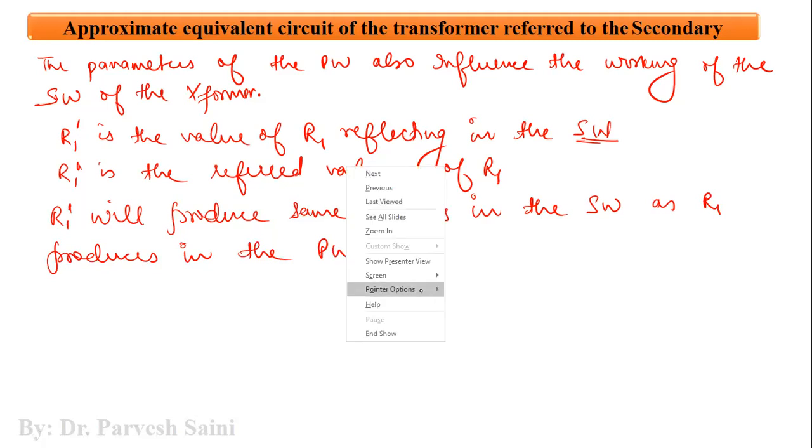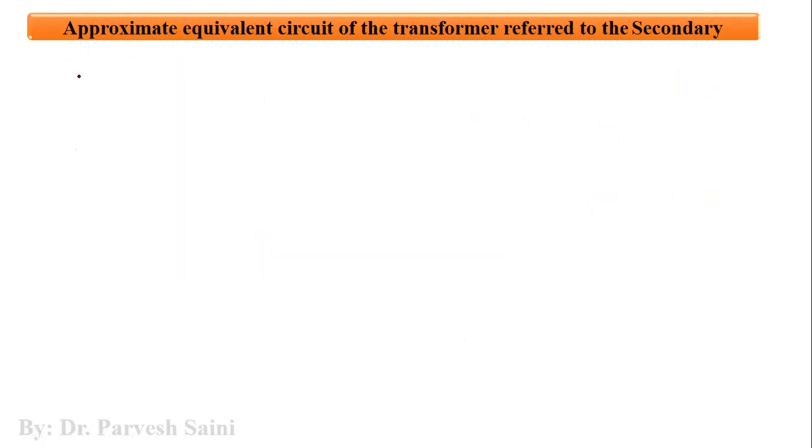So now let us see what happens when we consider this case. The effect produced by R1 in the primary winding is I2 dash square into R1, which is equal to I2 square into R1 dash, right? So now R1 dash is equal to I2 dash square divided by I2 square into R1.